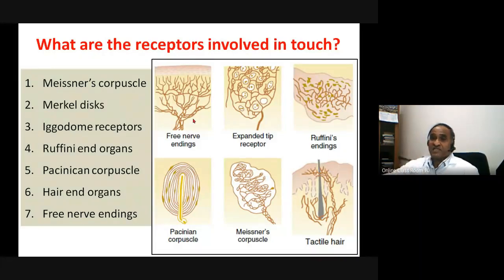All these things are managed by these seven groups of receptors present in the skin, dermis, epidermis, and the subcutaneous deeper tissues.